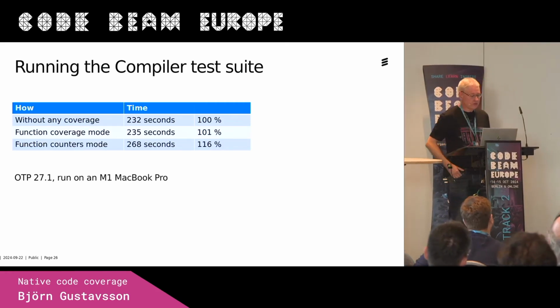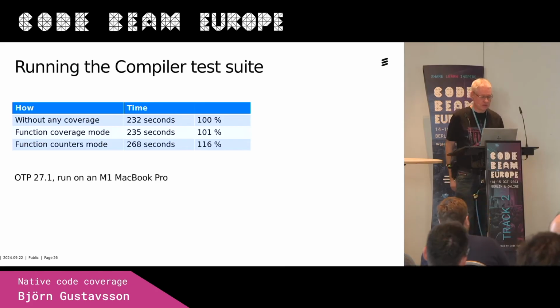Yeah, so you see now I run the compiler as a benchmark. So all code was instrumented: the compiler test suite, the compiler, kernel, stdlib modules, everything. So we see here that in the function coverage mode it's 3 seconds slower, or about 1%.